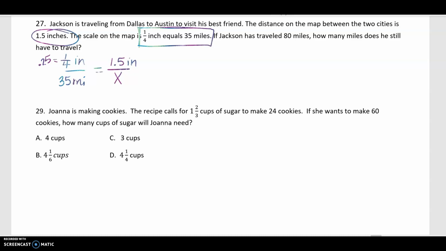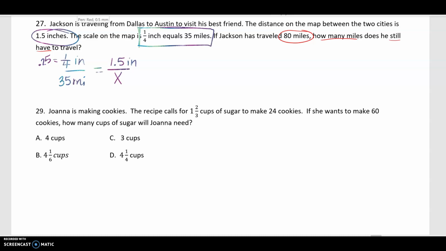So now once we find that, we go back and look at the question. It says if he has traveled 80 miles, how many miles does he still have to travel? So you want to know how many he still has left. So then you'll know how far he's going to need to go, and then he's gone this many, so we need to find the difference to see how much he has left.